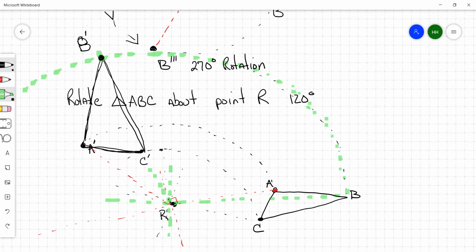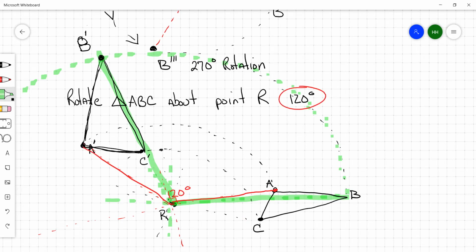If I draw a line from my pre-image to my center of rotation, and from my center of rotation to my image with a 120 rotation, this should measure 120. All right, if I go from B to my center of rotation, and from my center of rotation to B prime, that angle should also be 120.